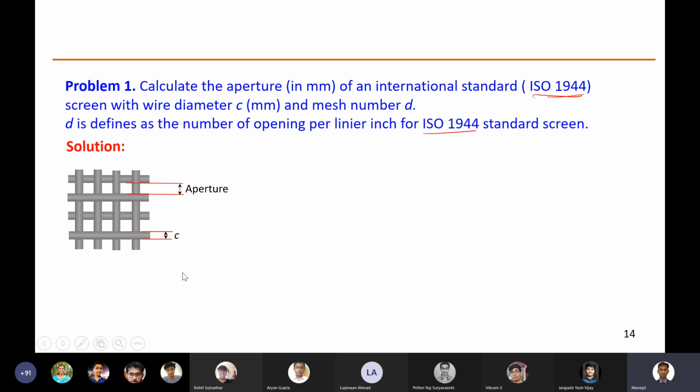And what is the definition of mesh number? Mesh number D defines the number of openings per linear inch, right? So if we take 1 inch, yeah, 25.4 millimeter equals 1 inch. So how can we calculate the number of openings that we have in 1 inch? D. Length into 25.4, or divided by, yeah, D in. So length of one opening would be what? Okay, the way we define the aperture is the length of one opening, right?